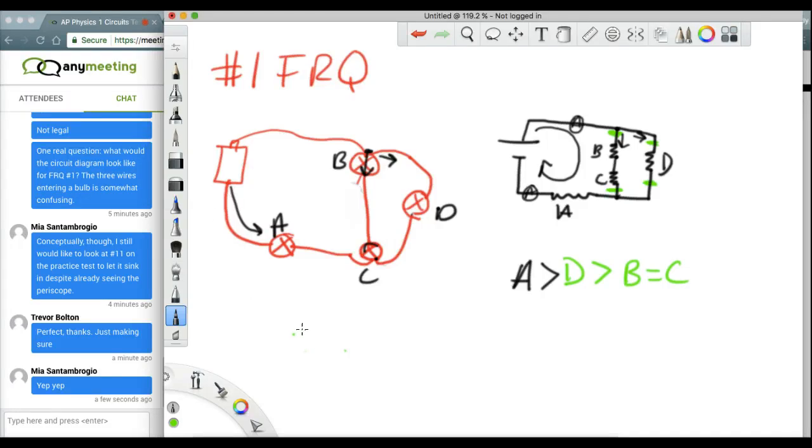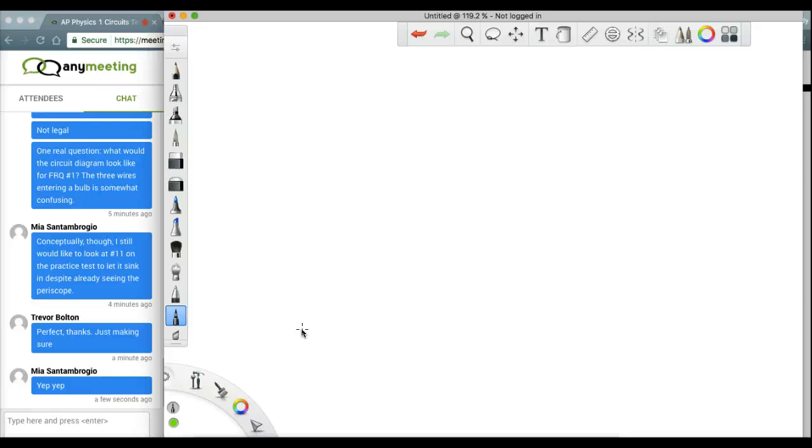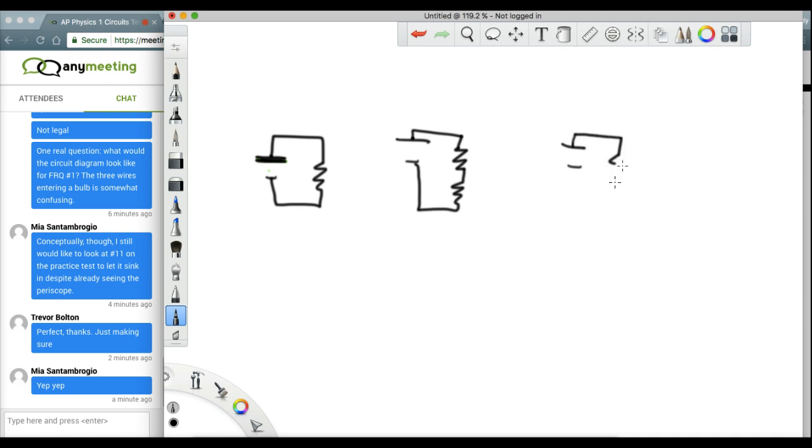Okay, so with questions like this, Mia, like I said before, they're asking about total power, and you know power is current times voltage. All of those batteries are identical. So I have a battery here, and that battery is connected to one light bulb, and then the next one I have one battery connected to 2 light bulbs in series, and the third one I have a battery connected to 2 light bulbs in parallel.